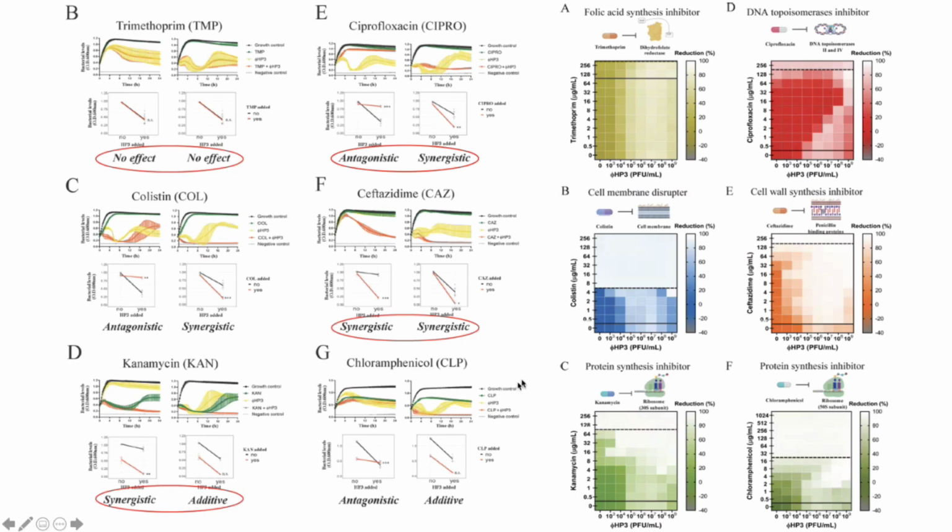And you can see that when they studied trimethoprim, this is not Bactrim, which is a combination of trimethoprim and sulfamethoxazole. This is the single agent trimethoprim. There was no effect between the combination of the antibiotic and the phage.